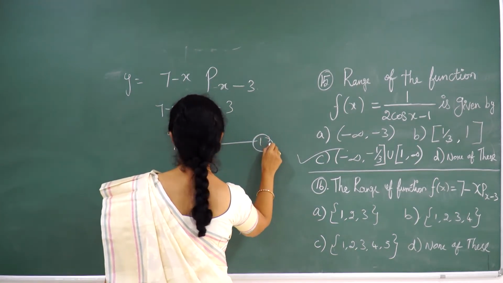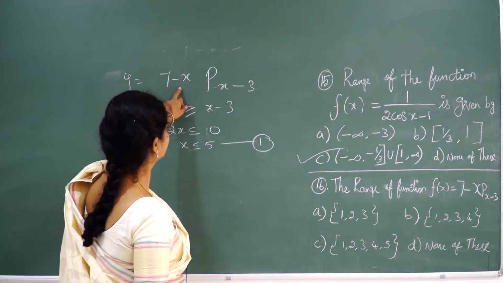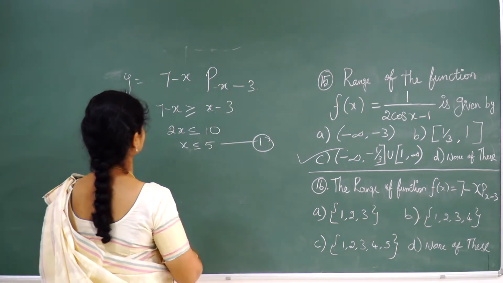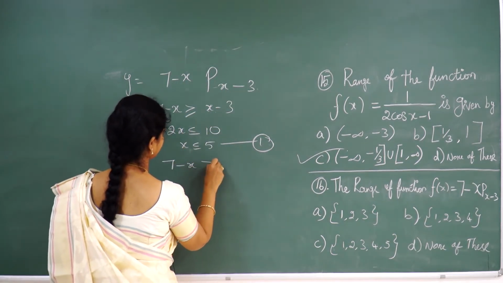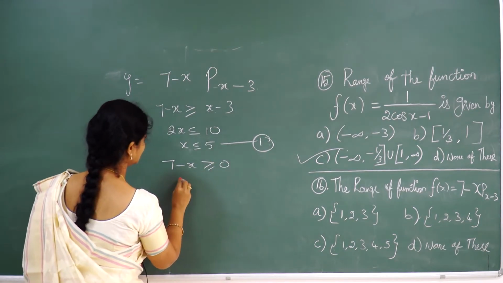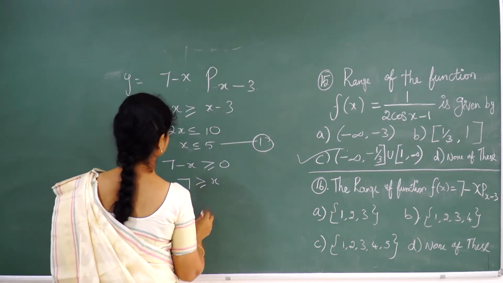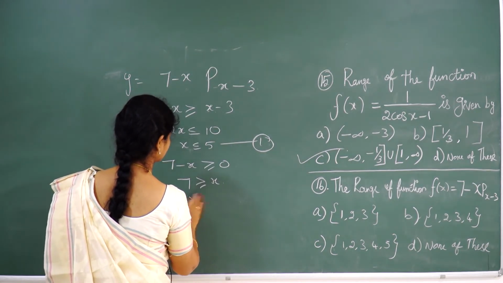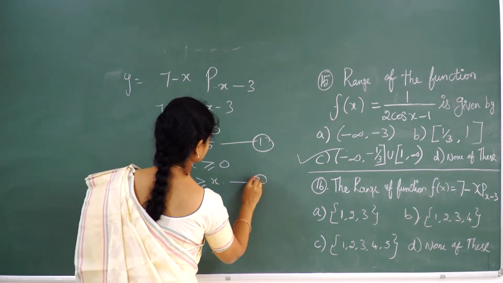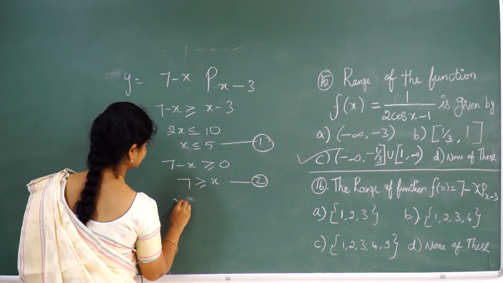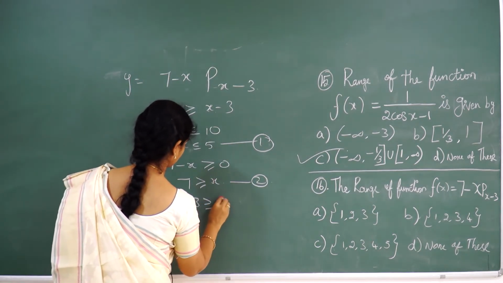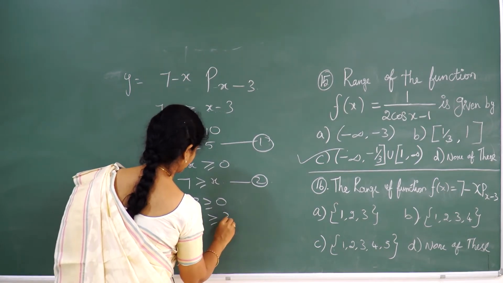So you take this as number 1. Again, this is greater than or equal to 0 and this is greater than or equal to 0. So 7 minus x greater than or equal to 0 gives 7 is greater than or equal to x, so x is less than or equal to 7, you take this as number 2. x minus 3 greater than or equal to 0 implies x is greater than or equal to 3.